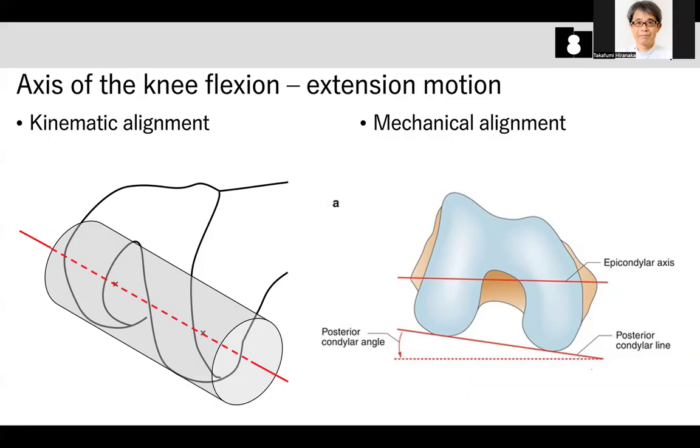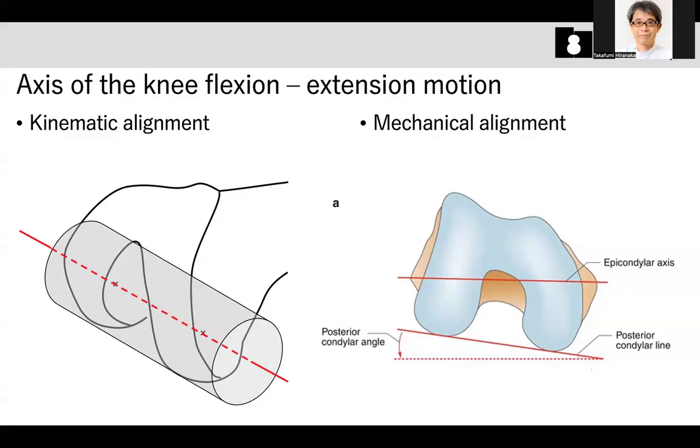However, there is a difference between the two lines, two axes. It is reported as approximately 3 degrees. So the trans-epicondylar axis rotates externally approximately 3 degrees. We express this angle as the osteochondral angle or twist angle.